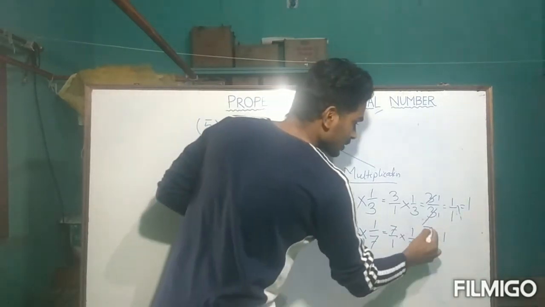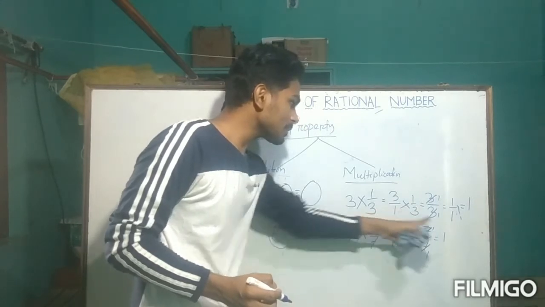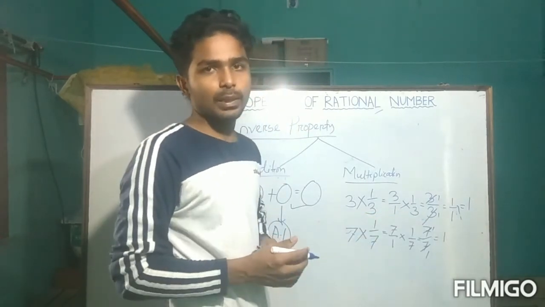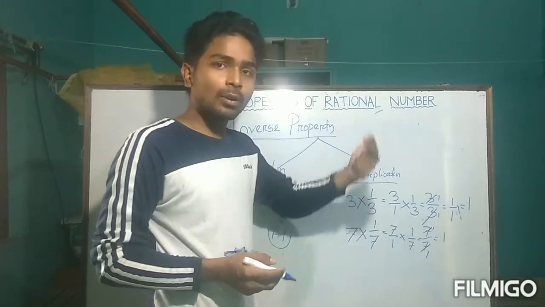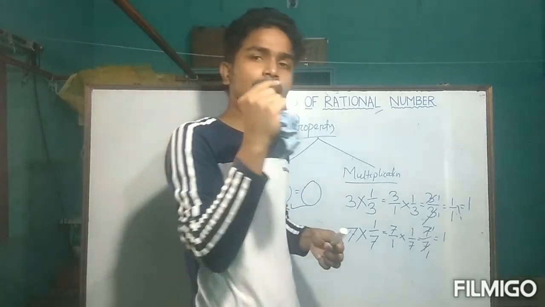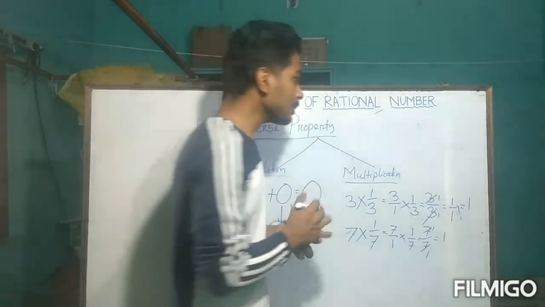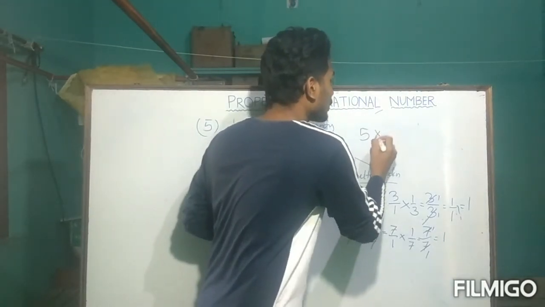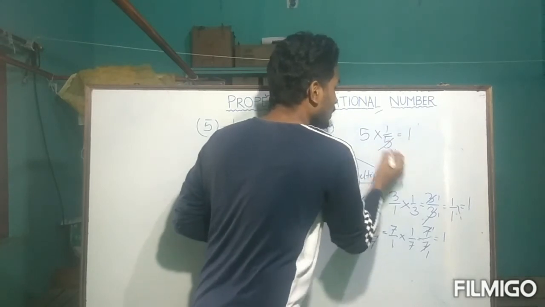After cancellation, so what should be multiplied with 7 to give rise to 1? 1 by 7 should be multiplied to give rise to 1. Okay, ताले गोटे नंबर रे केउ नंबर को मल्टीप्लाई कले हमें 1 पाइबा और सही नंबर को हमें कहबा मल्टीप्लिकेटिव इनवर्स. सो 5 रा मल्टीप्लिकेटिव इनवर्स के हबो 1 by 5. Why? Because 5 रे जदि हमें 1 by 5 multiply करिबा ताले रिजल्ट केते आसीबो 1 आसीबो.